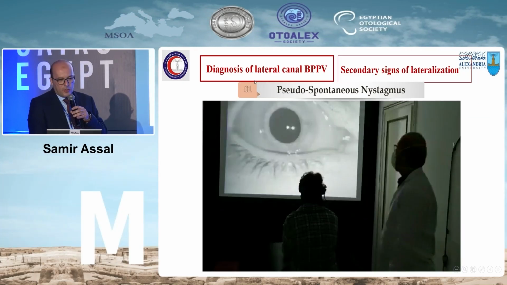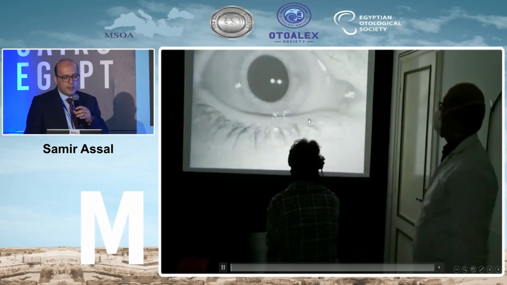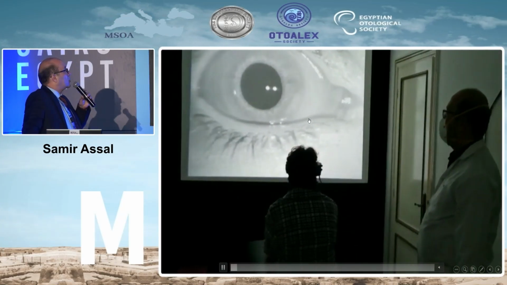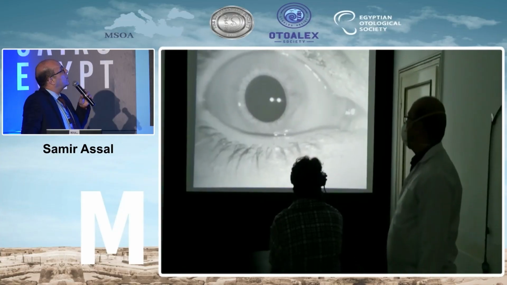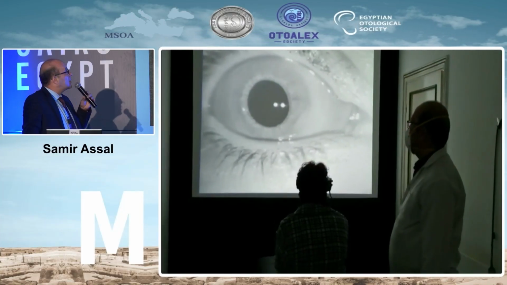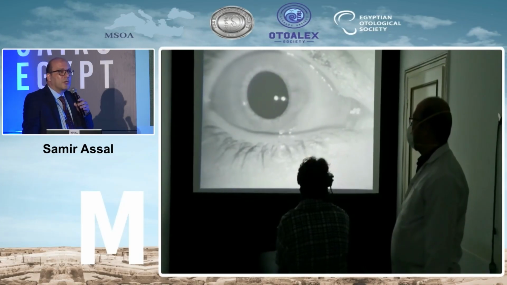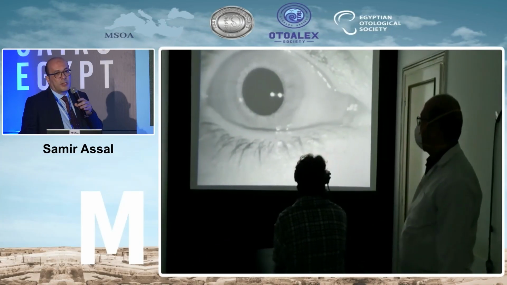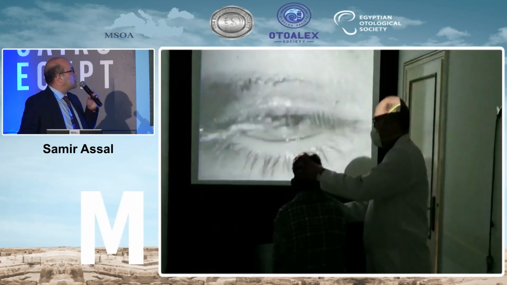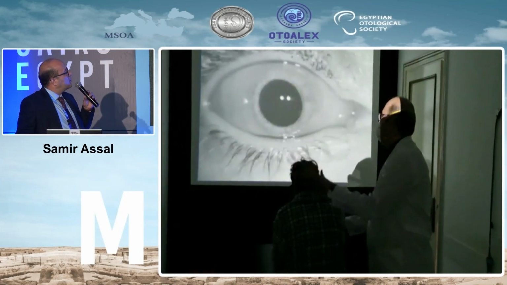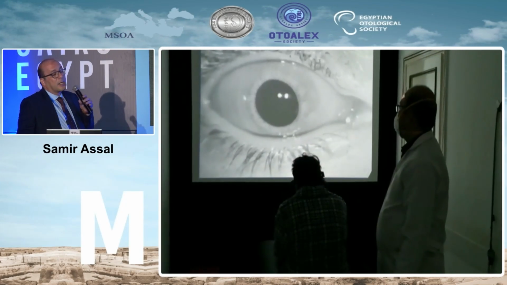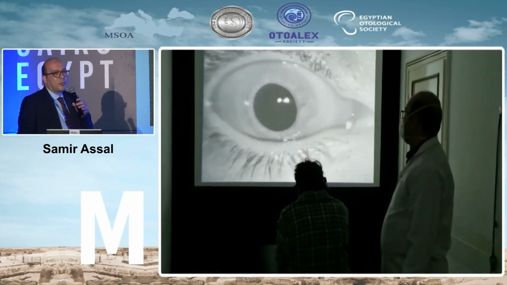This is a case that has a lateral canal BPPV and pseudospontaneous nystagmus. In sitting position, it has a left beating, direction fixed spontaneous nystagmus. So before deciding this is a true spontaneous nystagmus, we must do a head pitch test. When the head is ventroflexed 30 degrees, the nystagmus disappears, so the otoconia stop moving.